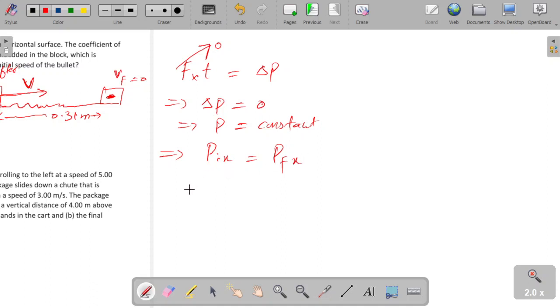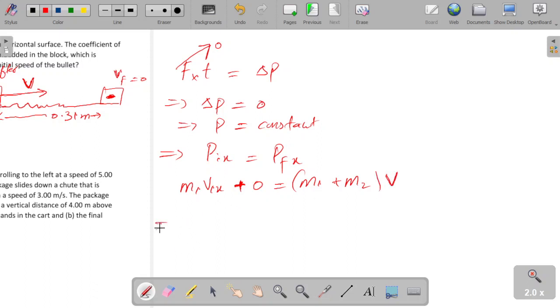What is the initial momentum of the block and bullet system? The momentum of the bullet will be equal to m1 v1x, and initially the block was at rest, so its momentum is 0. Afterward, the bullet and the block will move with a common velocity, so the momentum will become (m1 + m2) multiplied by V, the common velocity.